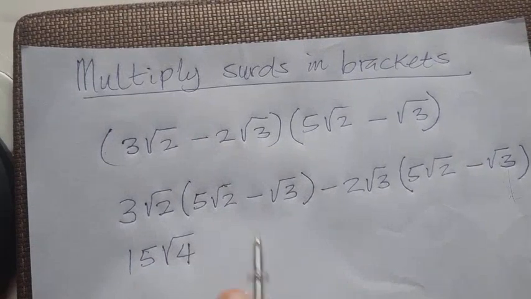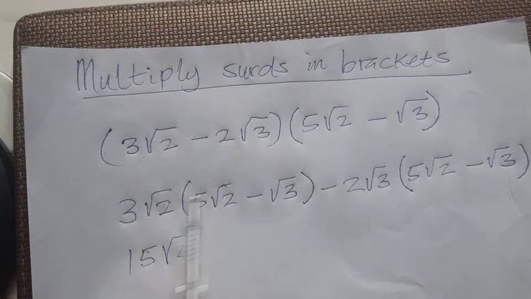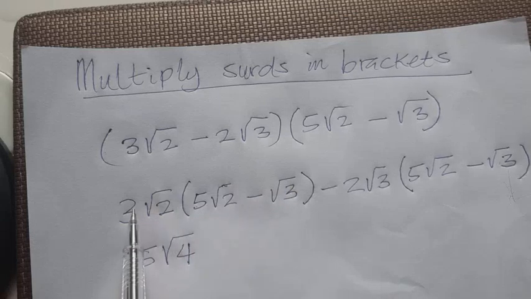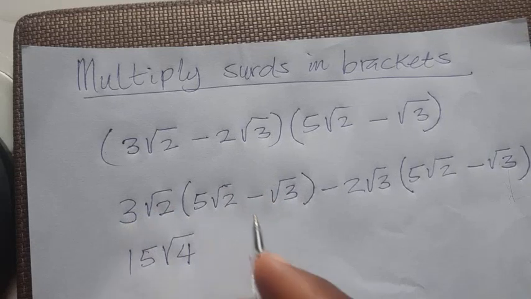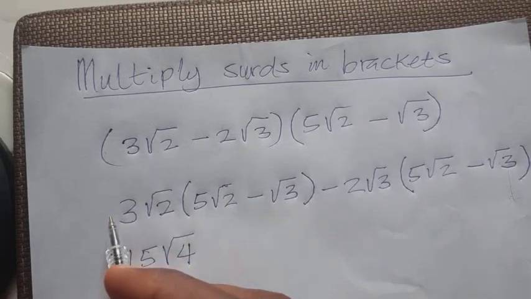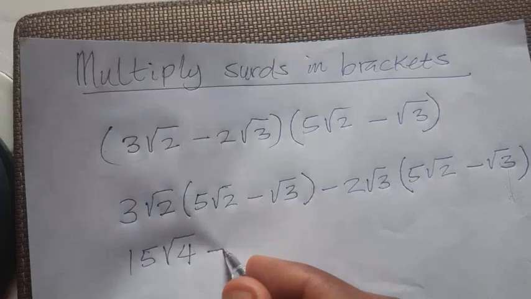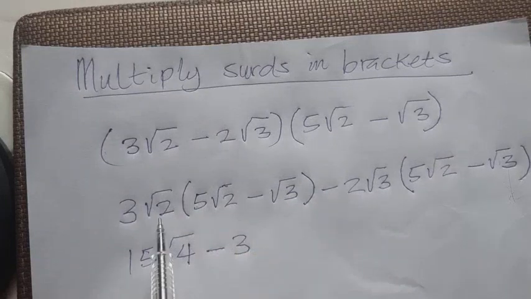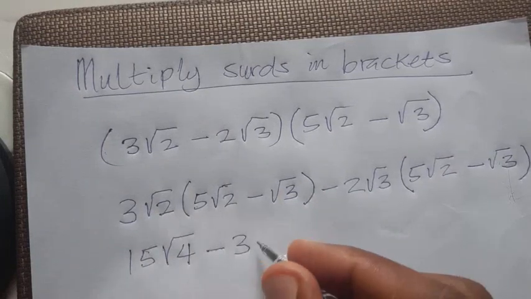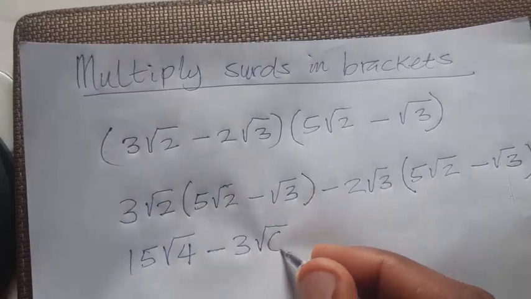We keep that. Now use the same 3 root 2 to multiply negative root 3. Now 3 is the only whole number between 3 root 2 and negative root 3, and we're using a positive to multiply a negative, so we have minus. So 3 is the only whole number there. We put it. Then root 2 that's attached to it, multiplied by root 3, will give root 6.